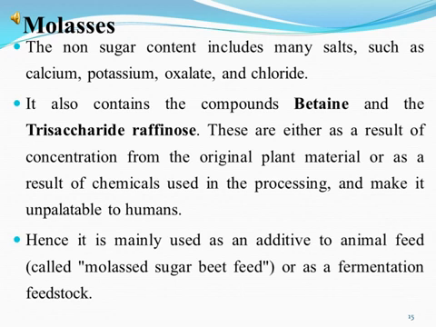These are either a result of concentration from the original plant material or a result of chemicals used in the processing, and make it unpalatable to humans. Hence, it is mainly used as an additive to animal feed, called molasses sugar beet feed, or as a fermentation feedstock.